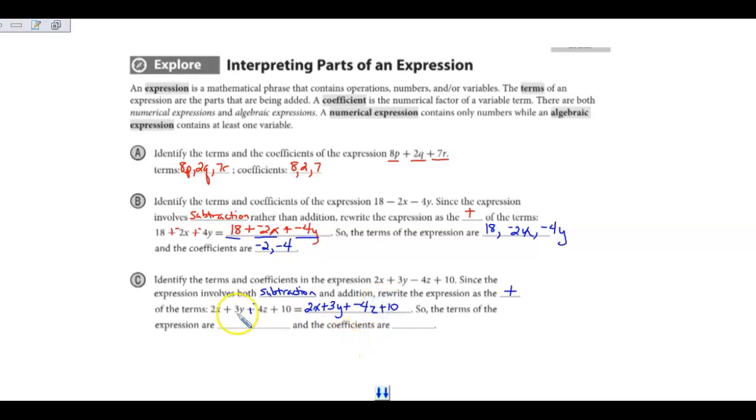The terms are each section that's being added. So I have 2x, 3y, negative 4z, and 10. The coefficients are 2, 3, and negative 4. Why is 10 not a coefficient? Correct, because it is a constant and it does not have a variable attached to it.